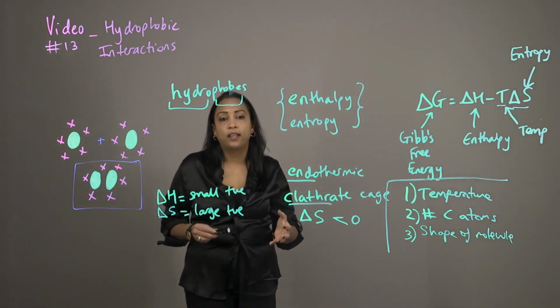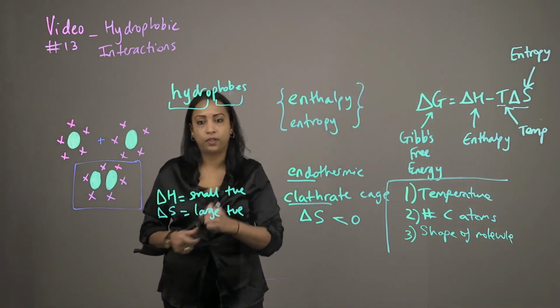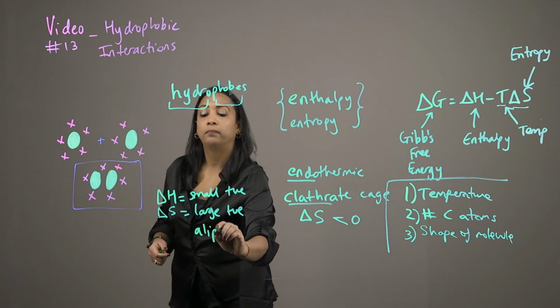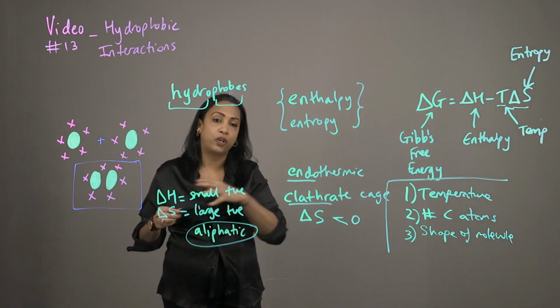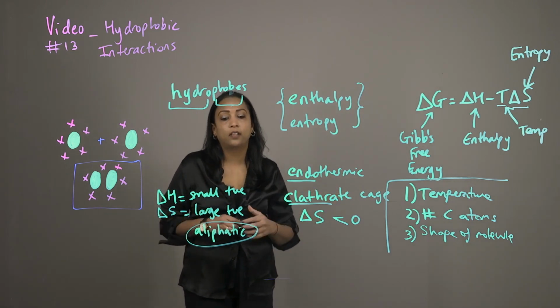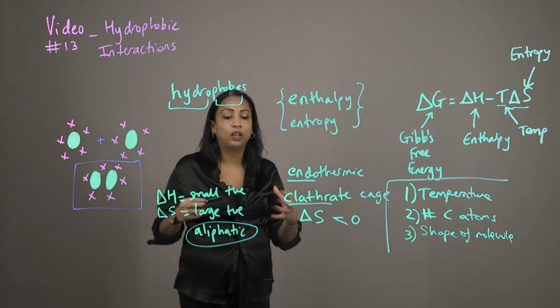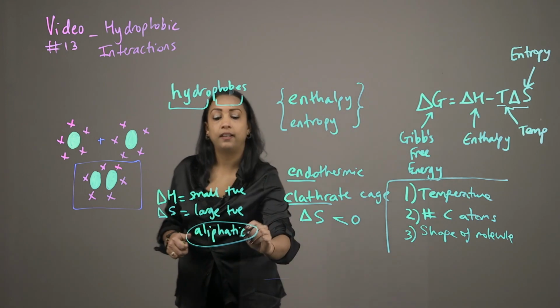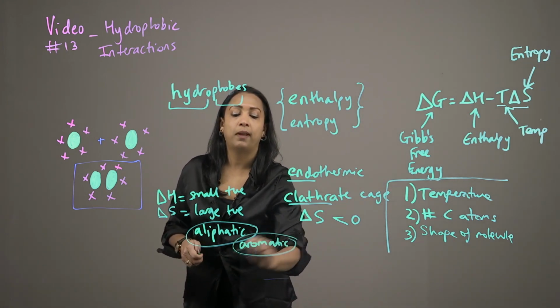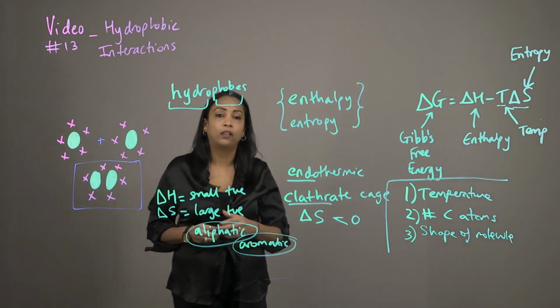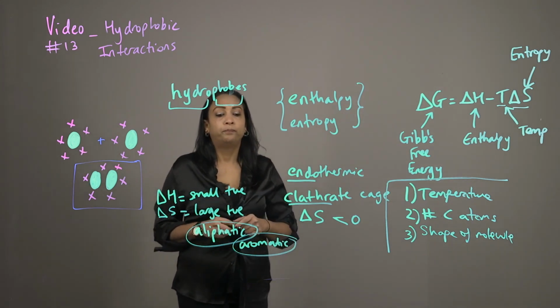So aliphatic, which is another term for straight chains, aliphatic organic molecules have stronger interactions than aromatic ones. Aromatic referring to our cyclic or ringed compounds.